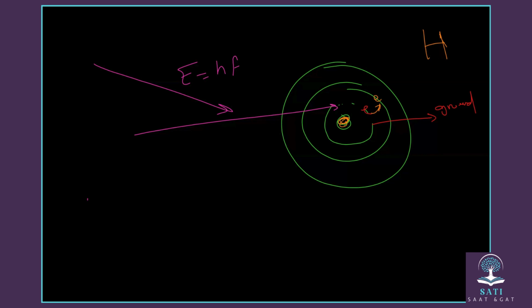If the energy given is higher, the electron may be transferred to the third, fourth, or fifth energy level, and so on. It depends on the energy given to the electron.